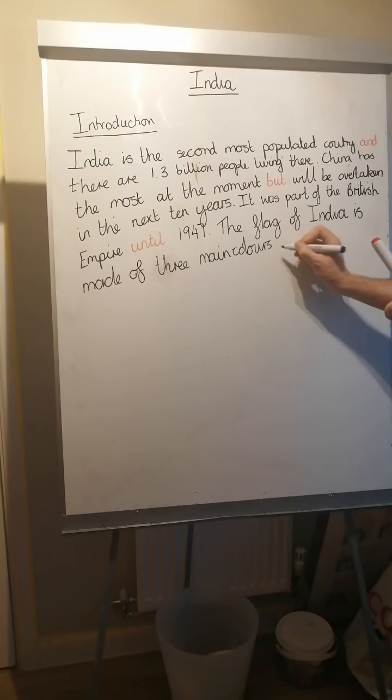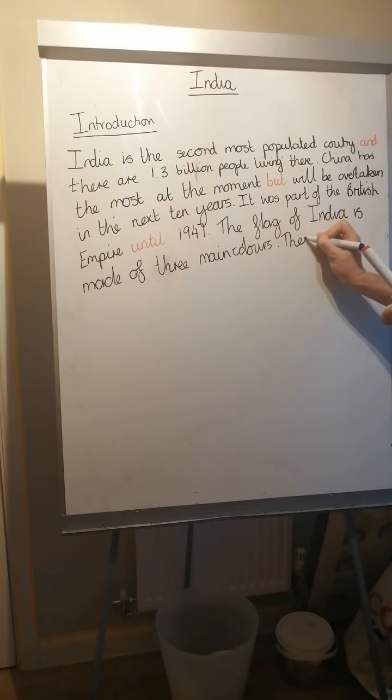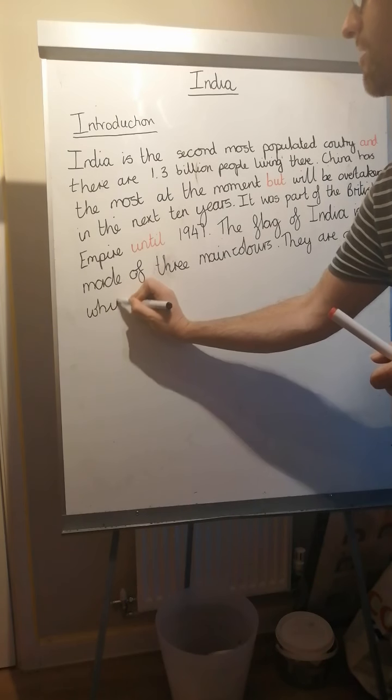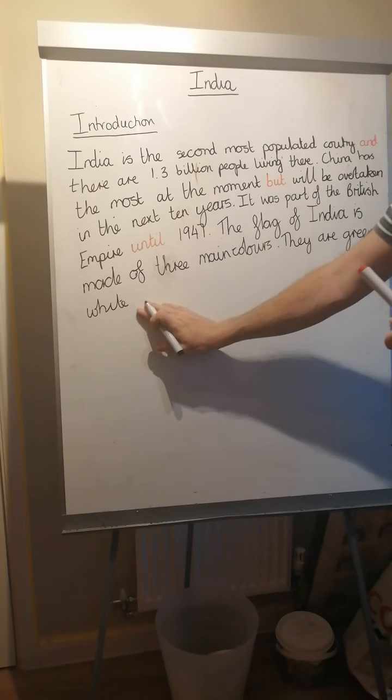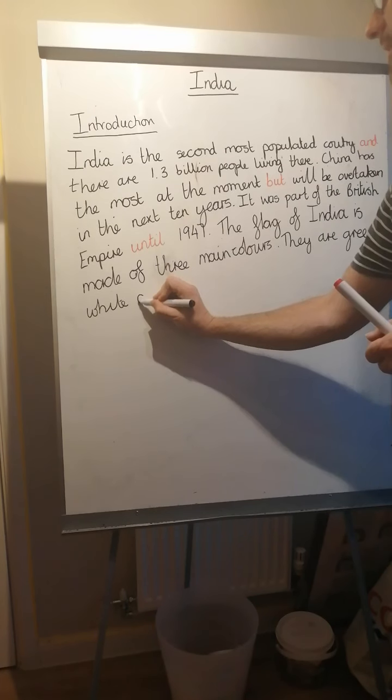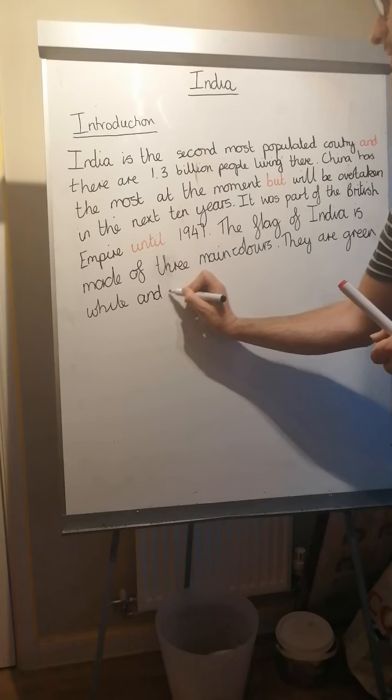And this is where we can list them. They are green, comma, white. Now we don't put comma orange because this is our last one, so we have to put and orange.